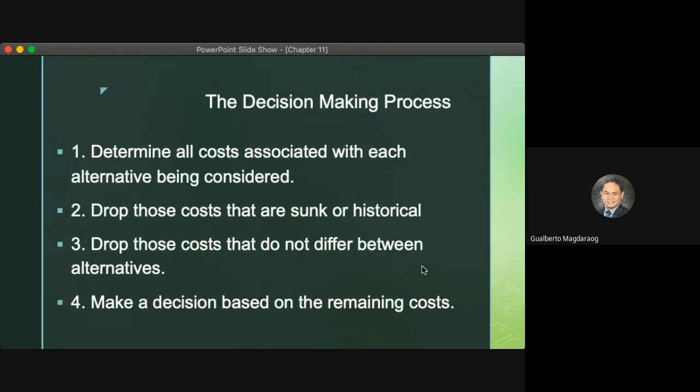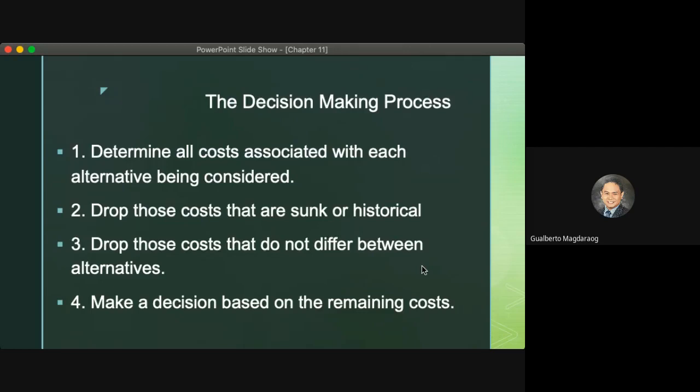For example, the cost of the building, kahit anong gawin mo, whatever decisions you choose, nabayaran na natin yun, na-incur na natin yun. Nag-sunk na yun. Nag-depreciate na nga yun eh. Okay? And that is historical already. So drop those costs na you think are sunk and historical.